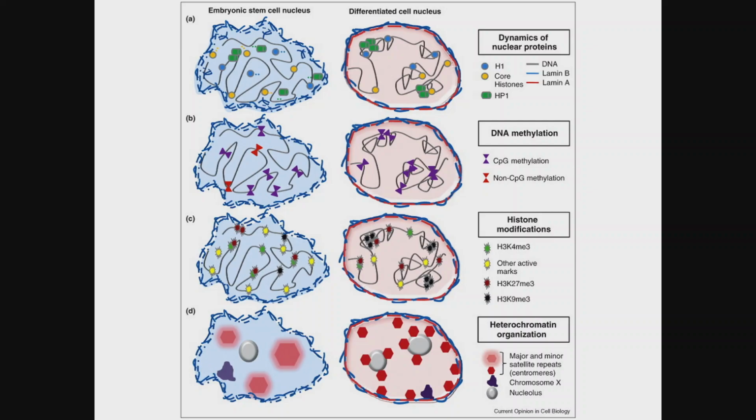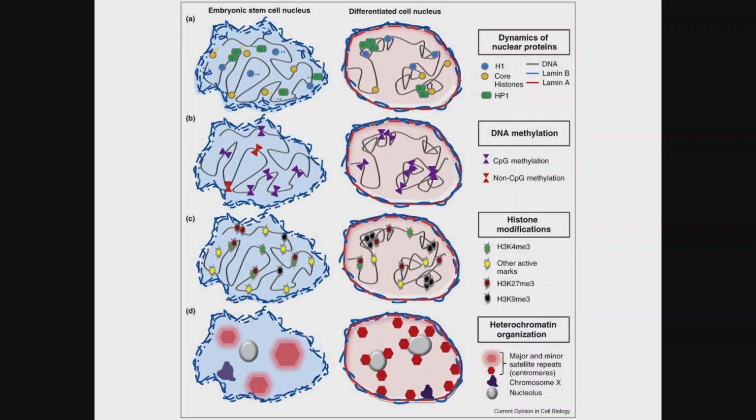We start adding more of these HP1 proteins that kind of close the chromatin. The lamina is nicely formed, so we also gain less flexibility of the nucleus to migrate. Then we start adding different methylations in specific regions, not all over, and then we add the histone modifications.